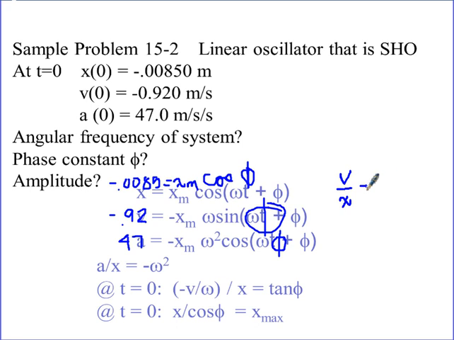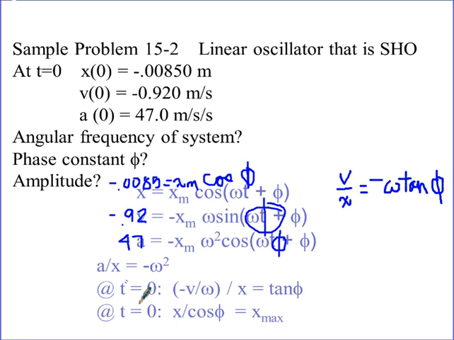We would still have that minus left over, and we would have an omega times tan phi. Dividing the first equation into the second, I have numbers to put here and here. I've done the first part, so I now know omega. Thus I've got numbers everywhere but for that phi, and I could move this over here and take the inverse tangent of that to find phi, the phase constant.